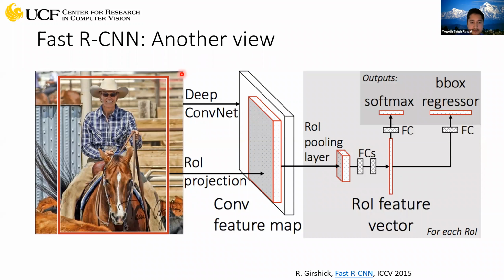So if your, let's say, input image is of shape 512 cross 512, and the feature map has shape, let's say 64 cross 64, right? So that's 8 times reduction. So then you will perform the same 8 times reduction on this proposal bounding box and put that over this feature map.